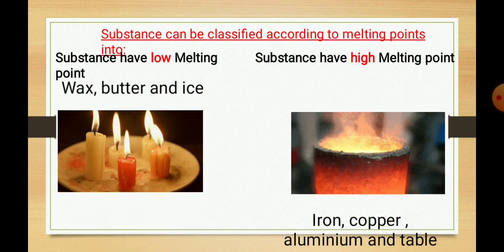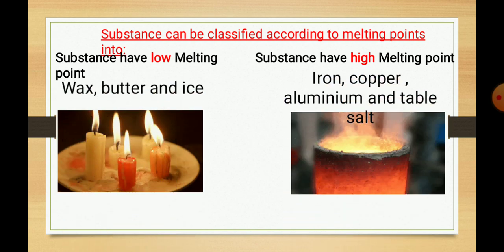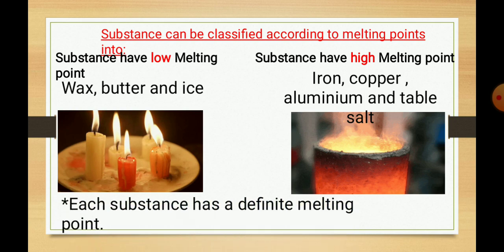Don't forget that. About low melting point: wax, butter, and ice. And about high melting point: iron, copper, aluminum, and table salt. Each substance has a definite melting point.